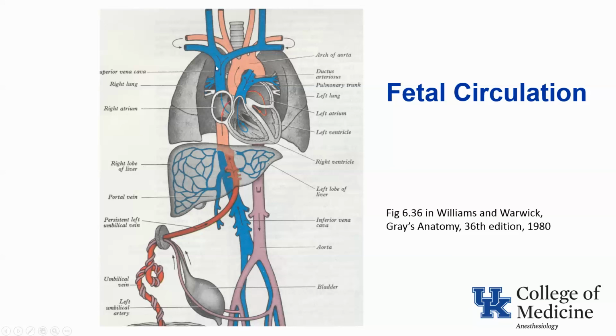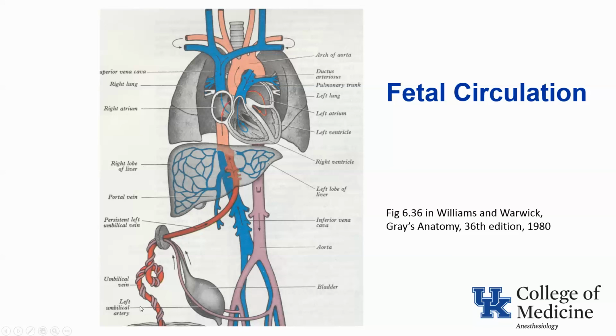Note that the blood coming from the superior vena cava, which is largely desaturated, comes through the atrium and tricuspid valve out the pulmonary artery, but because of the high resistance, this blood is then shunted into the descending aorta. So the descending aorta gets relatively desaturated blood, which then comes out through the umbilical arteries to the placenta to get oxygenated.